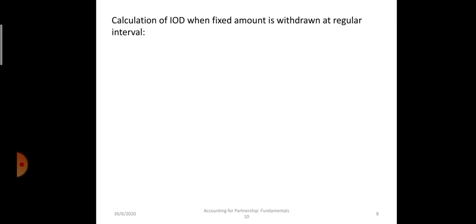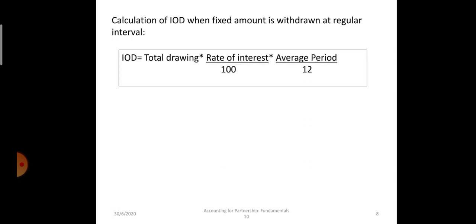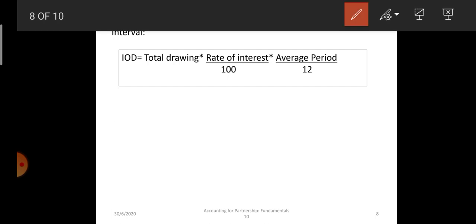Now calculation of interest when fixed amount is withdrawn at regular interval, like 2,000 rupees in the beginning of every month, 5,000 rupees at the end of every month. Either every month the amount is withdrawn in the beginning or end, or every quarter or every 2 months. So at regular interval, same amount is withdrawn. In that case, the formula used will be interest on drawing is equal to total drawing.